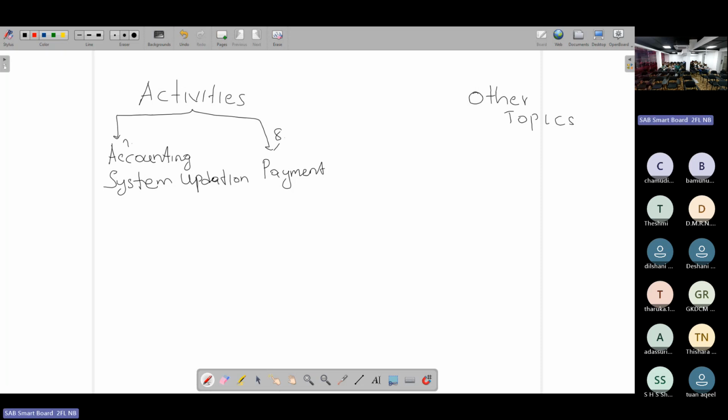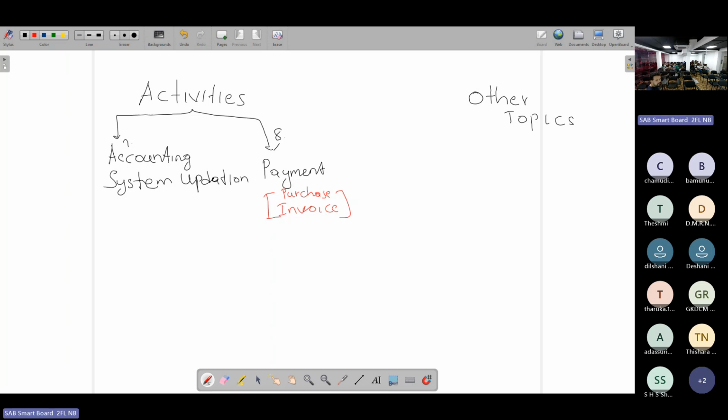For payment, the buyer will use the purchase invoice. So these are the 8 topics we discussed under activities of the procurement process.